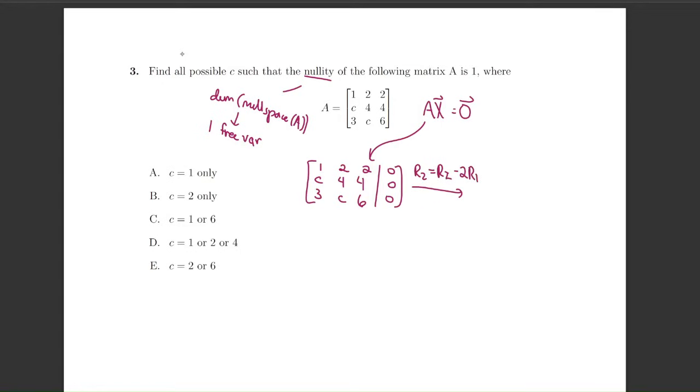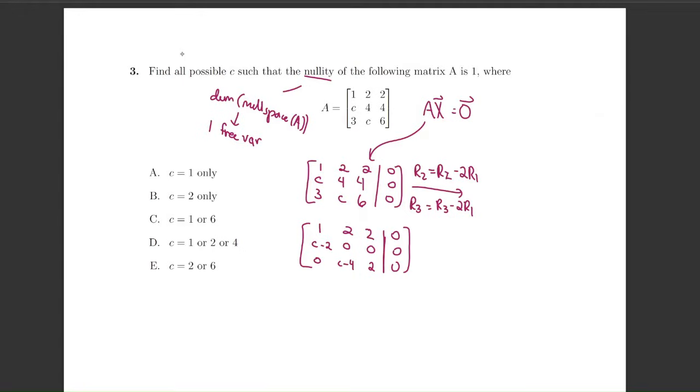And then I'll do the same thing with the bottom row, where row 3 is equal to row 3 minus 2 times row 1. And that gives me c minus 2, 0, 0. And then 0, c minus 4, 6 minus 4 is 2, so that's 2, 0, 0, 0. This top row stays the same.